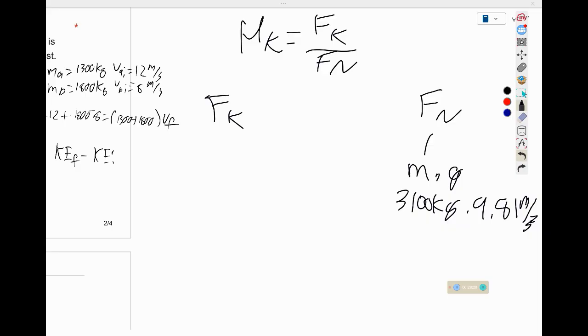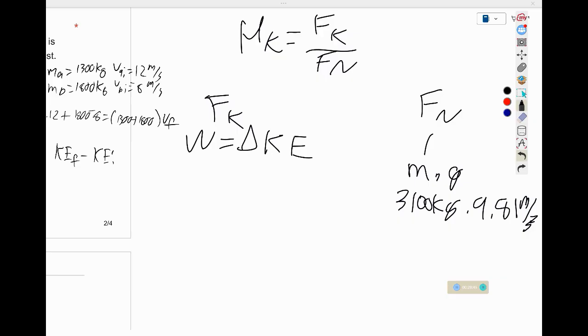Force of kinetic friction, okay? We're going to do this a little bit differently. We're going to do this through work. We're going to look at the work that friction does. We know that work equals the change in kinetic energy.